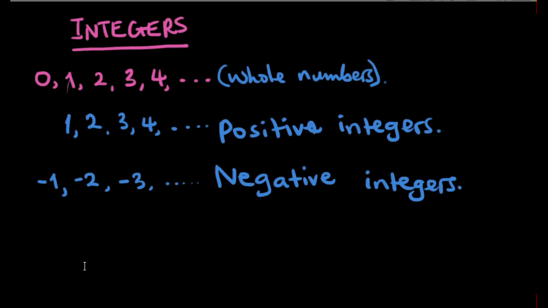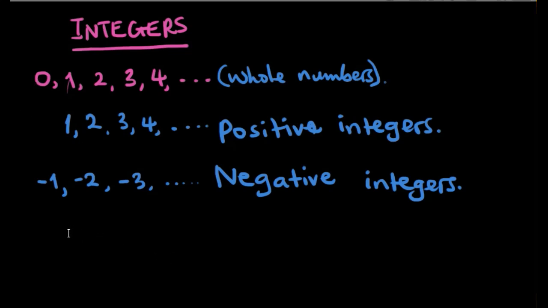So in this, we can summarize and say that we have got positive integers and negative integers. But don't forget that 0 is also an integer.